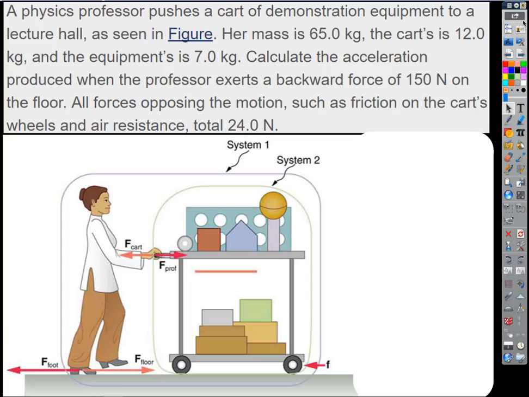All right. So if we're trying to find the acceleration of the whole thing, which of those forces would probably be important? Which action-reaction pairs? The one between the cart and the ground. Cart and the ground. Okay. What else? Cart and professor? Cart and professor, what do you think?